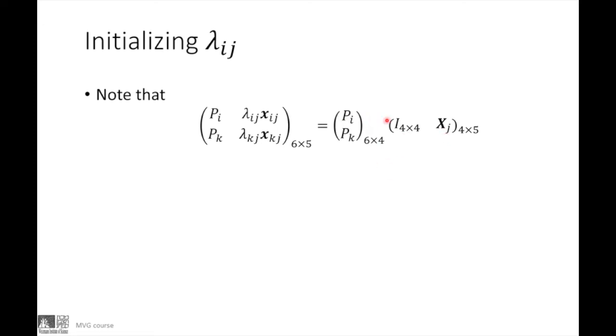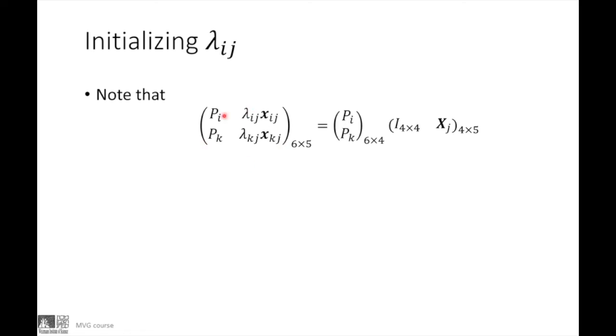If I multiply Pi by the identity, I get Pi. If I multiply Pi by Xj, I get lambda ij, Xij. That's the projection position and depth. And the same Pk times identity gives you Pk, Pk times Xj gives you lambda kj, Xkj.